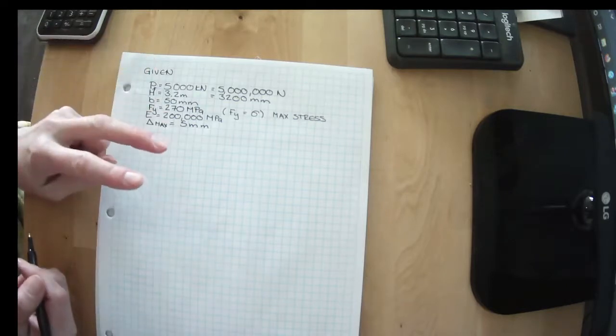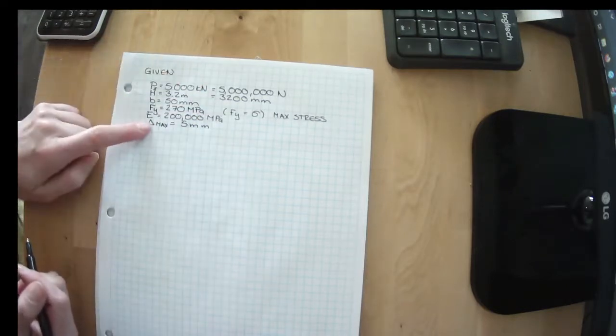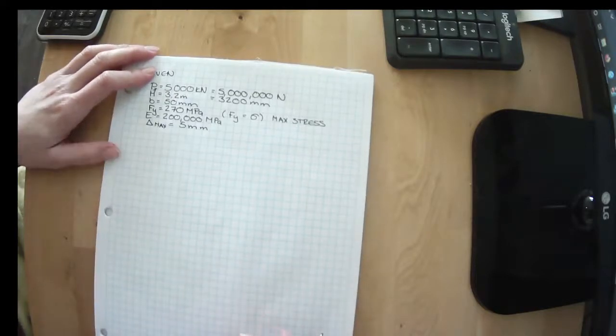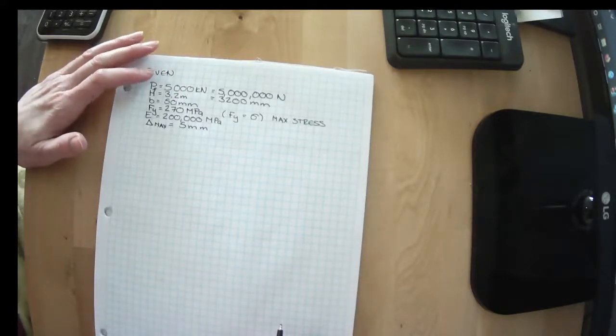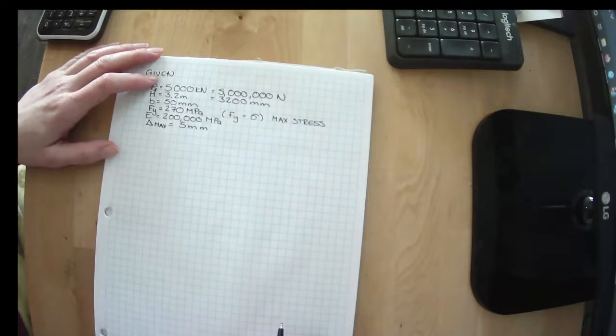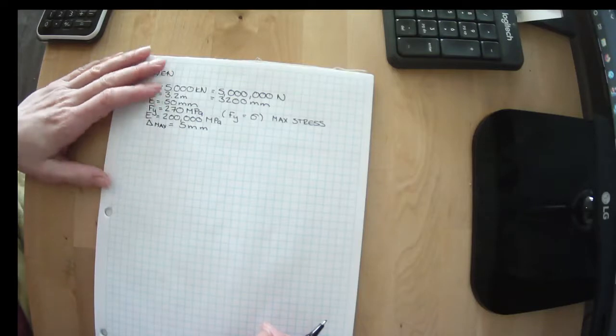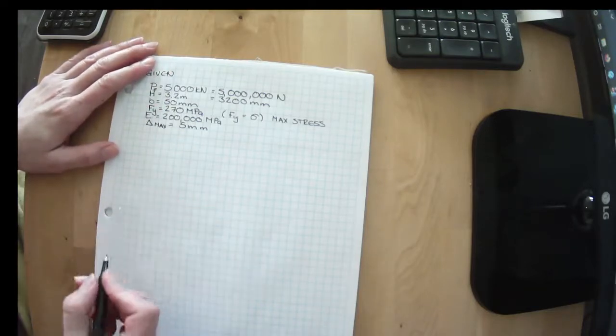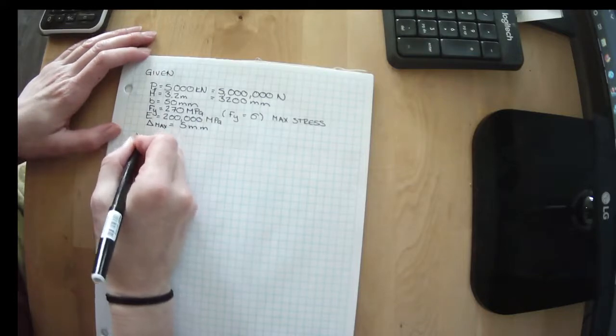So we have two different criteria. We have a maximum stress and a maximum deflection. So what I would often do here is check, what D do we need for strength? What D do we need for stiffness? And then obviously we need to take the larger of those two, because if we take the smaller one, the other thing will fail.